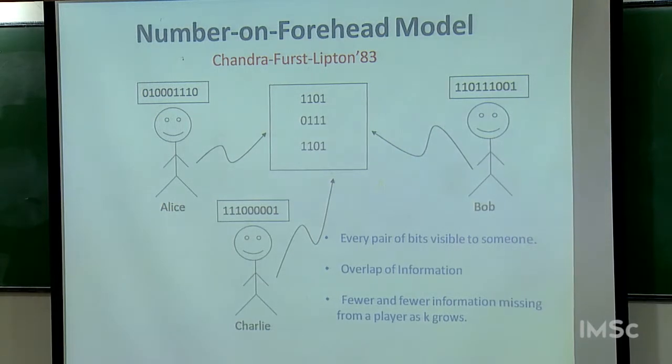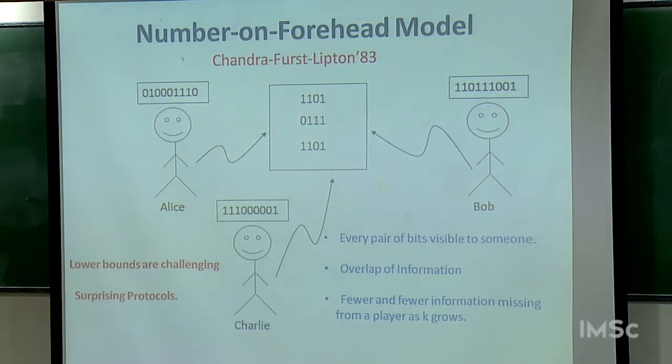And we'll see it does. Okay? So lower bounds for these powerful features, proving lower bounds on this model become very challenging. And as we will see, there's a reason, because there will be some very surprising protocols. They'll all be very simple, but at least I didn't expect those protocols to exist.